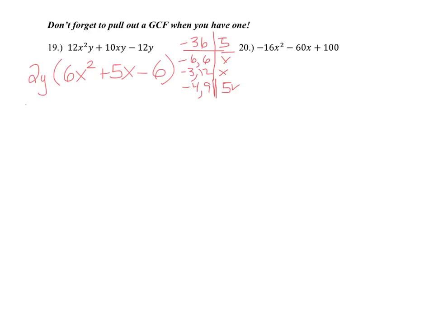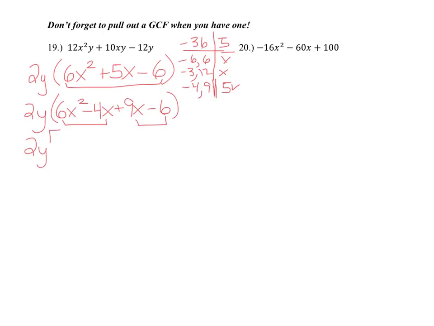This 2y, I'm just going to keep it there, right? And then I'm going to now take this, and I'm rewriting that as 6x squared minus 4x plus 9x minus 6. And then again, this 2y hangs out. I'm about to group this stuff with parentheses, so I'm going to change this to brackets for just a moment.